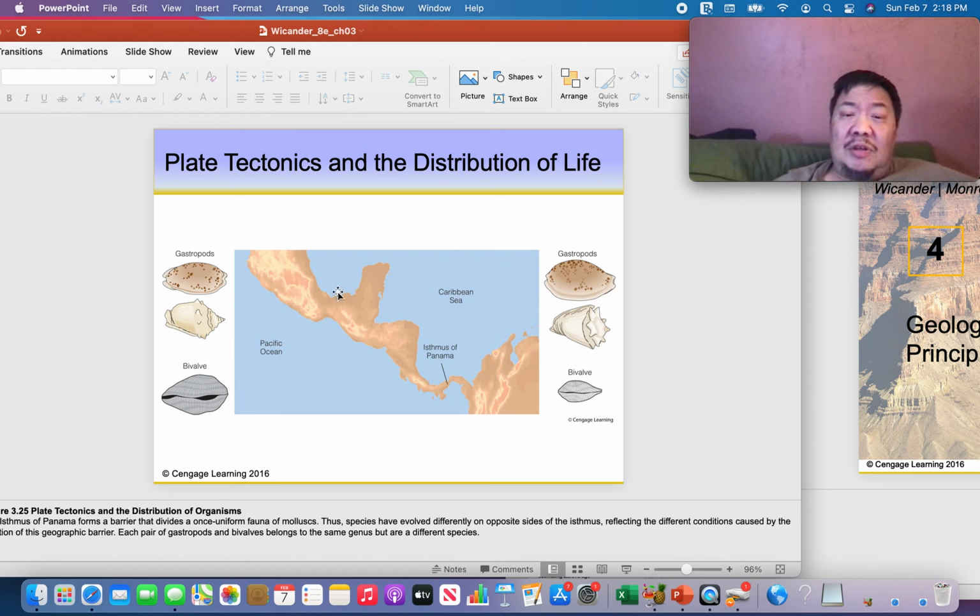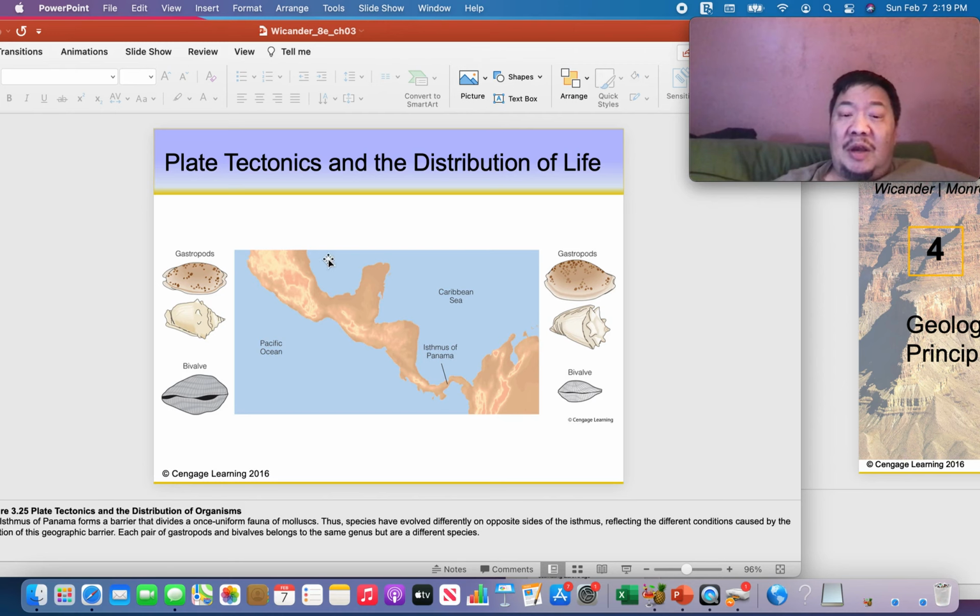The fact that they look so similar and their DNA is also so similar indicates that they had a common ancestor. And this is how plate tectonics affects the evolution of life. Because when did Central America form? It formed 3 million years ago.